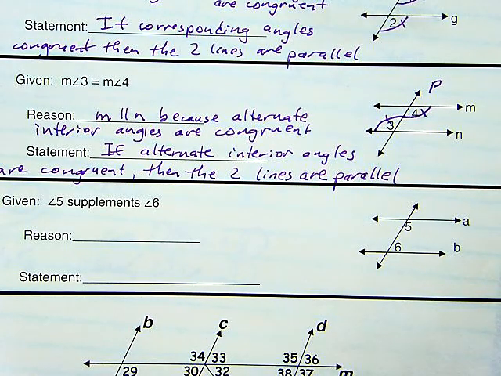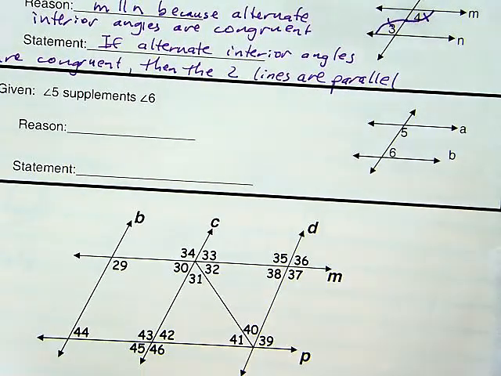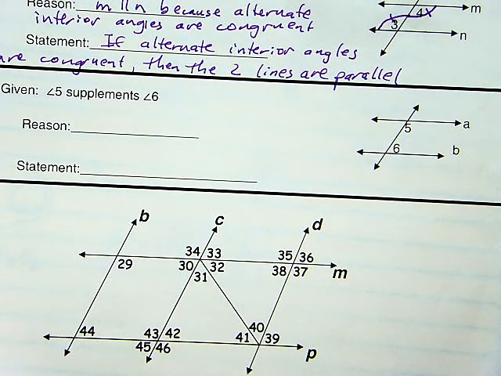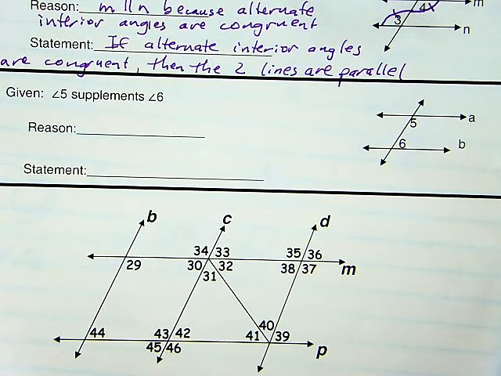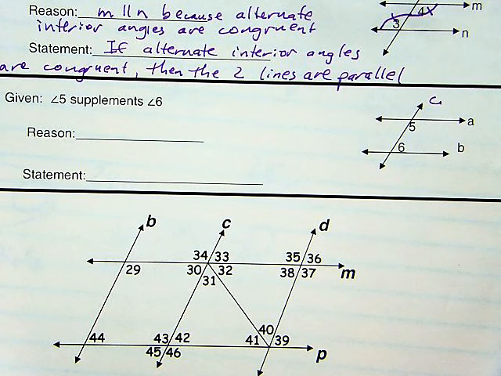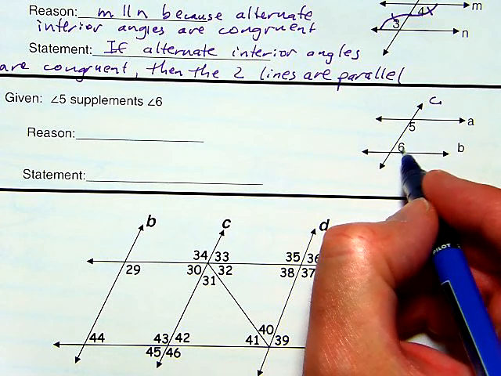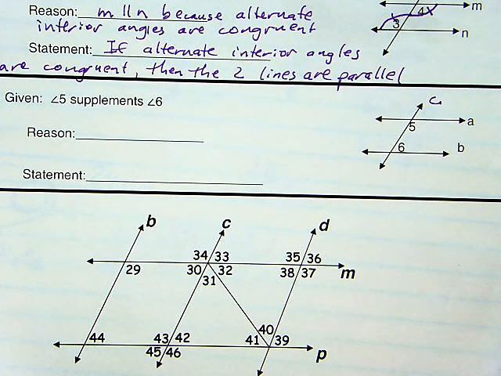And let's go up to C. We have another situation here. We have lines A and B, which are also cut by a transversal. Let's call this transversal C. We are given that angle 5 supplements angle 6, that these two angles are supplementary.